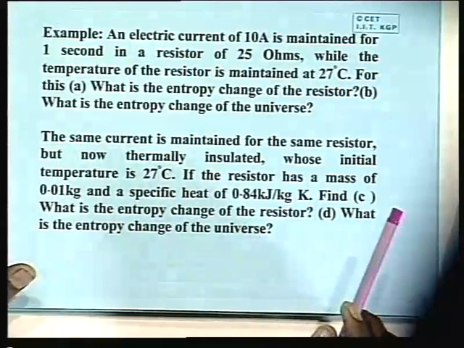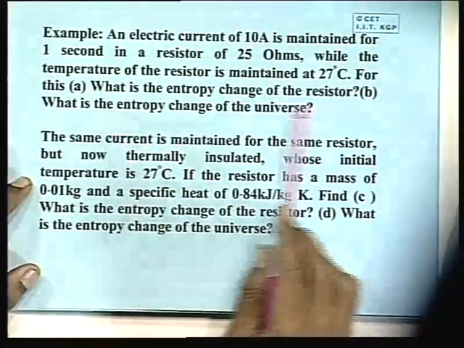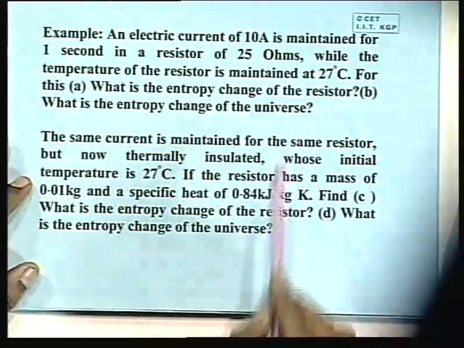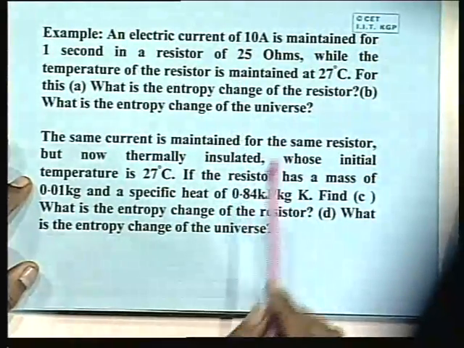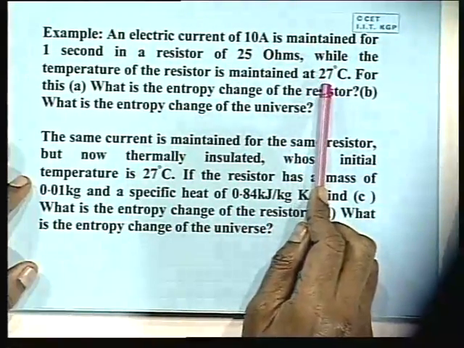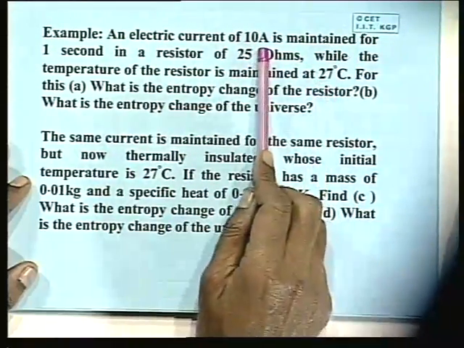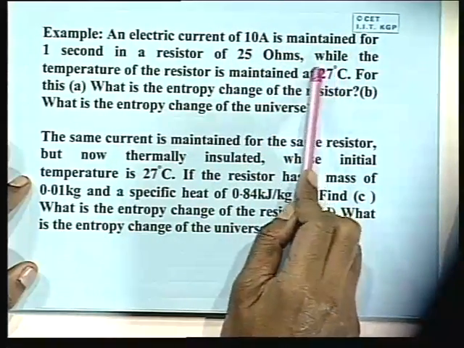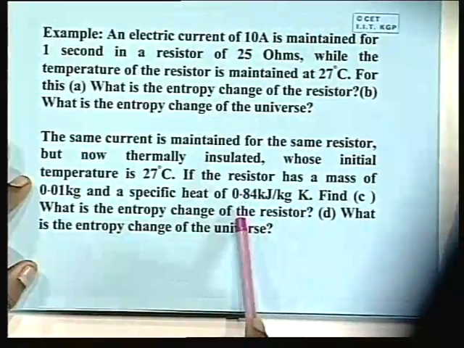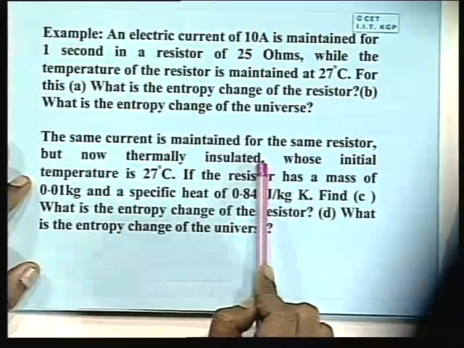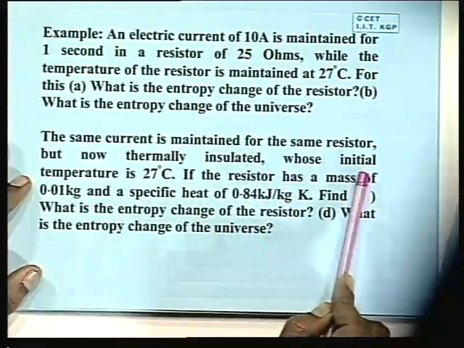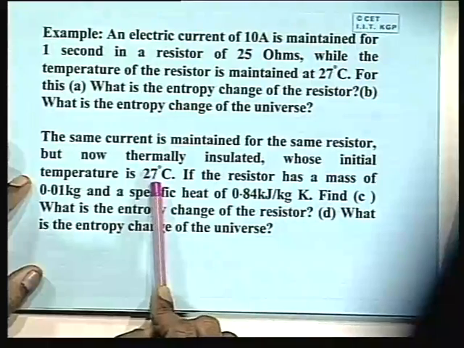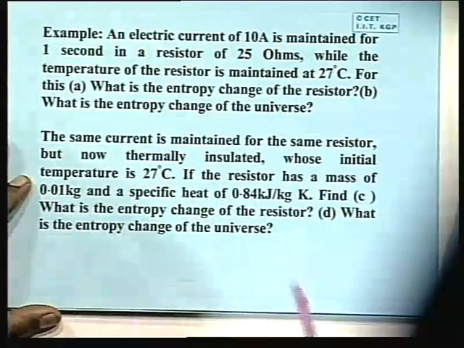So we have to find the entropy change of the resistor and the entropy change of the universe in both cases. In one case, the resistor is not insulated; rather it is cooled simultaneously while the current is flowing through it, it gets hot and is cooled so that the temperature remains constant, and in the other case it is thermally insulated, so the temperature will increase. Its initial temperature is 27 degrees Celsius, and its mass and specific heat are given.